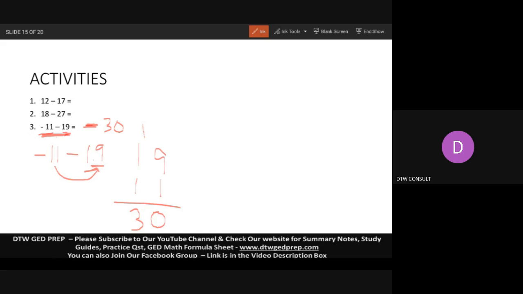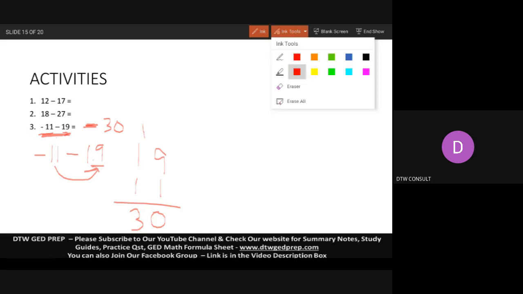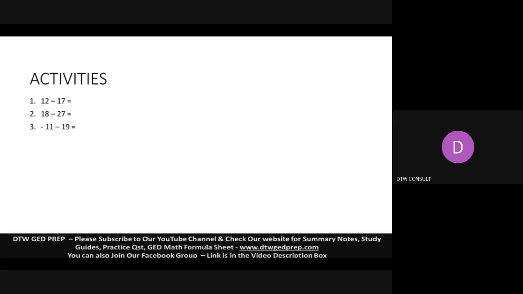So going further, same thing, we have negative 13, negative 21. So you are trying to remove 21 from an already negative number. So what does that mean? You are only trying to make that number more negative.